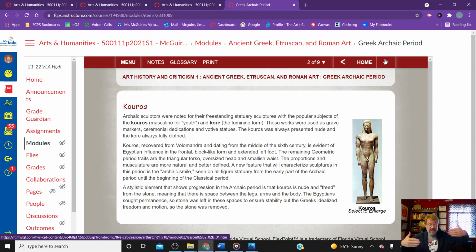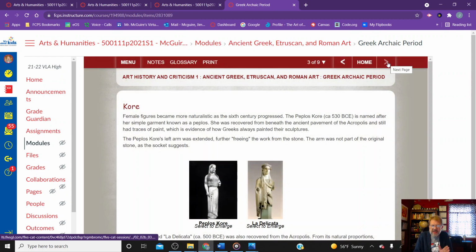Hierarchy was based on how large they were, and now we start to see through the progression from Egypt all the way into Rome, this progression towards naturalism. And so the figures become more humanistic, more like humans really look like. And the poses slowly become more humanistic. Archaic ain't there yet. We got that weird little smile. They've got the very stiff poses and so forth.